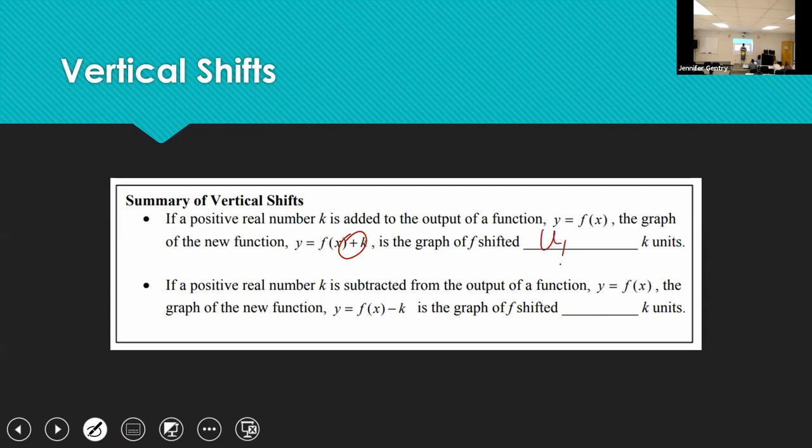Perfect. Plus 2 went up 2, right? If I subtract k, minus k, it's going to shift it down. We did minus 3. It took the original and went down 3. Does that make sense?